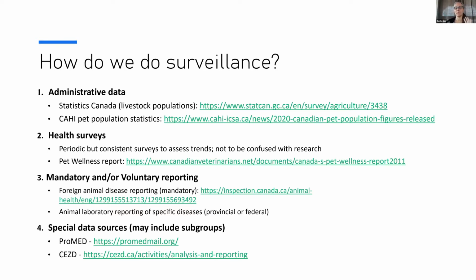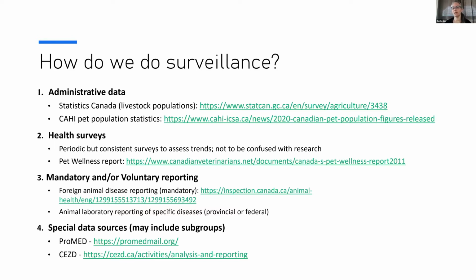On the agricultural side, Stats Canada, through the agricultural census, is a great way of providing us information on livestock populations: how many are increasing in number, how many are decreasing, and where they exist across Canada from a geographical perspective. That doesn't include companion animals, since it is an agricultural census.